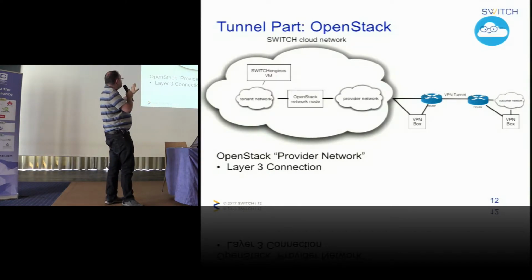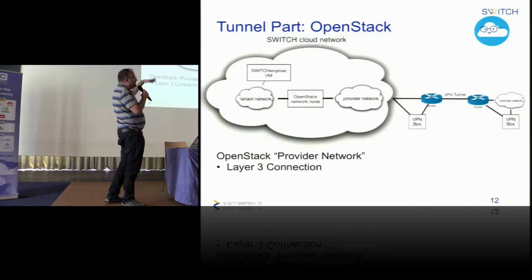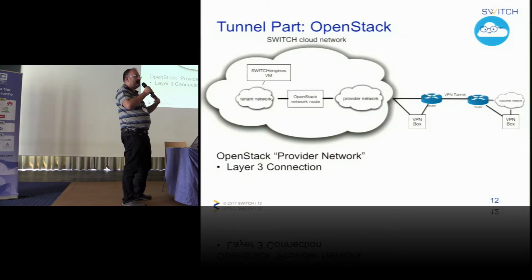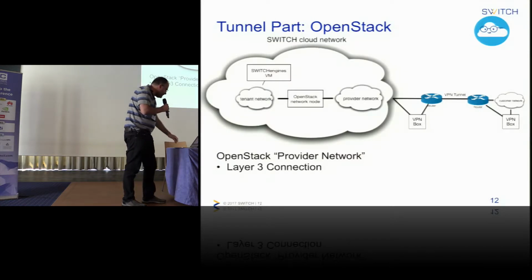We had the ability to reach with this private network in the customer network, but we had to do a layer 3 setup on the OpenStack network node. So basically what you had a tenant network with your VMs, and then there was some routing done at the OpenStack network node, and then the connection was direct to the customer.